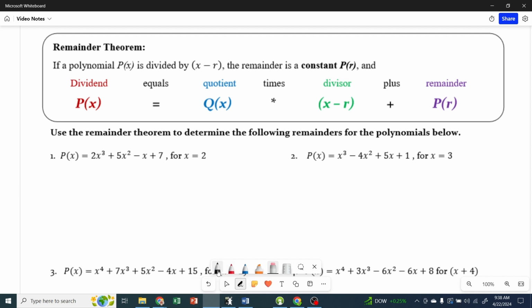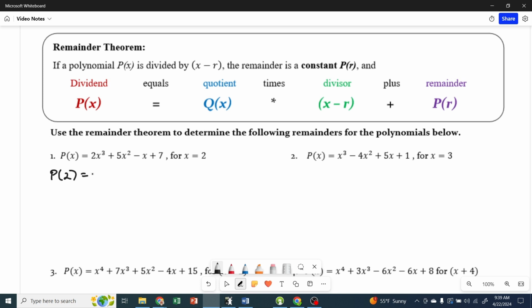Okay, so the polynomial remainder theorem basically says if I divide a polynomial by x minus r, the remainder is going to be a number, right? And then divided by whatever we're dividing by. So we plug in this value r into a polynomial, and it will tell us what the remainder would be. So basically all we're going to do is p of 2 here.